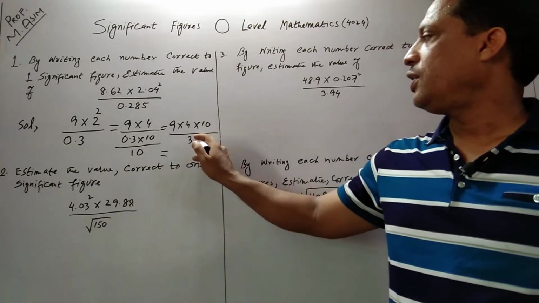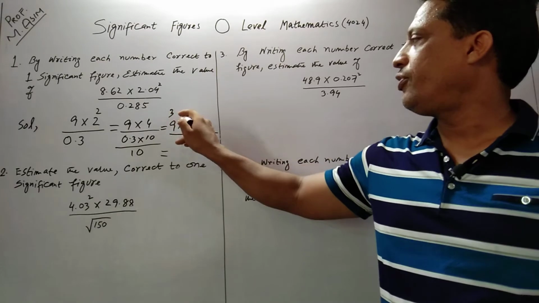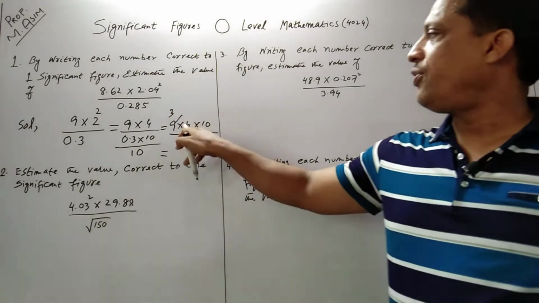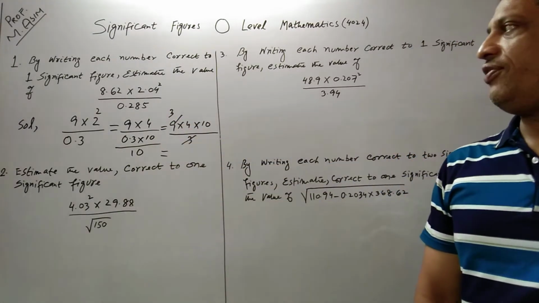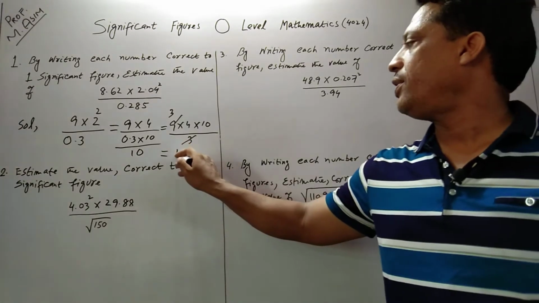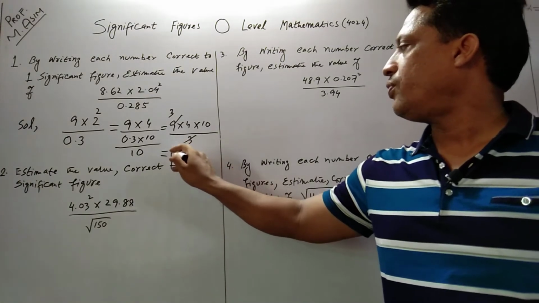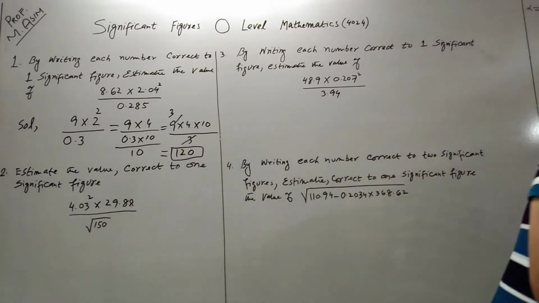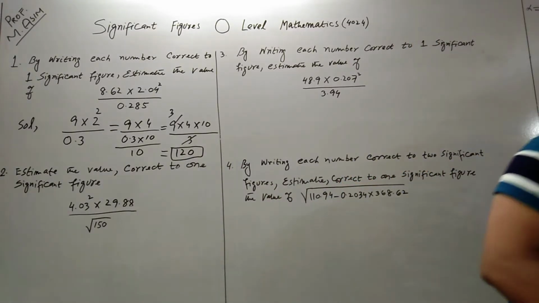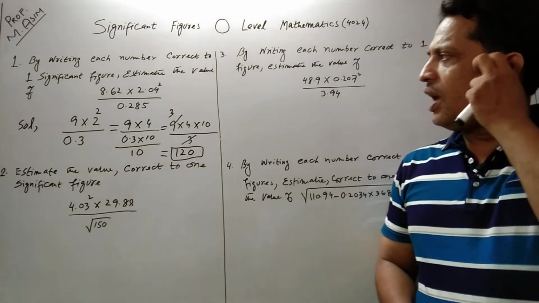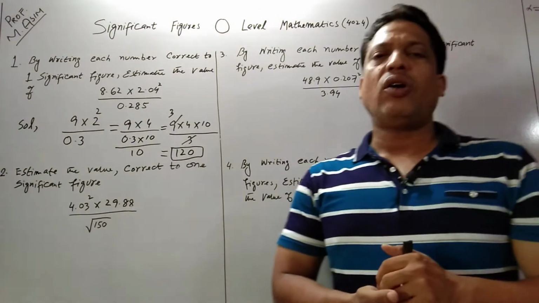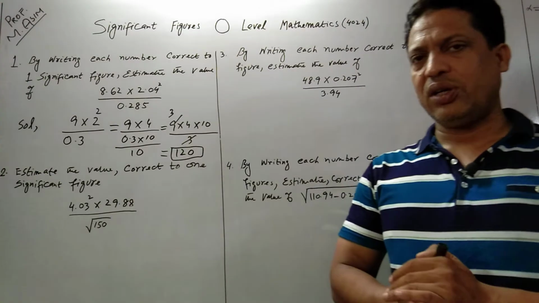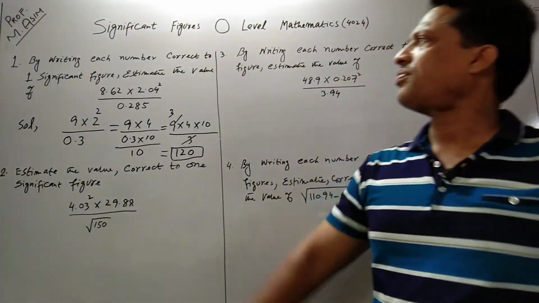Finally 3 nines are 27, 3 fours are 12, and 12 tens are 120. So 120 is your final answer. Yes, 120. Students, I repeat all steps again in order to fully understand the question.